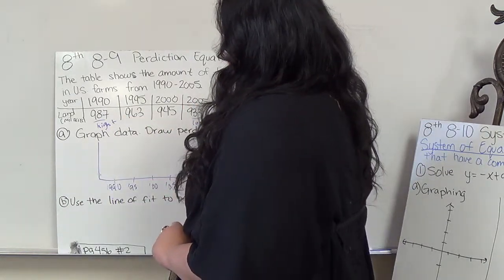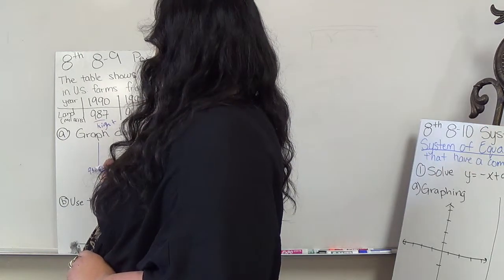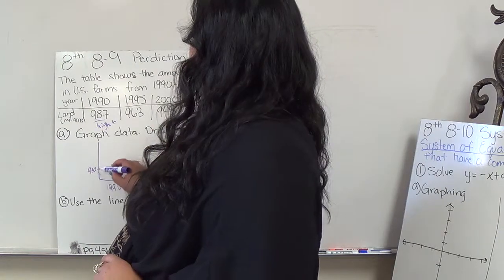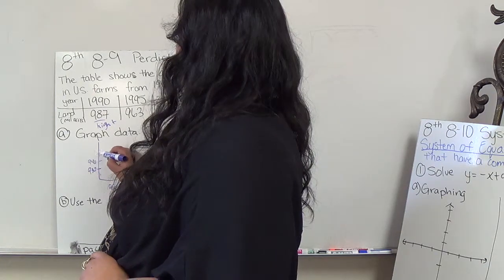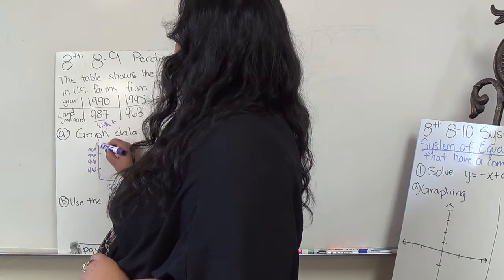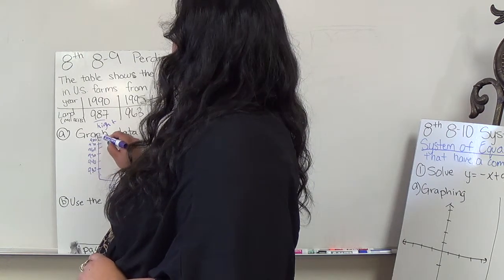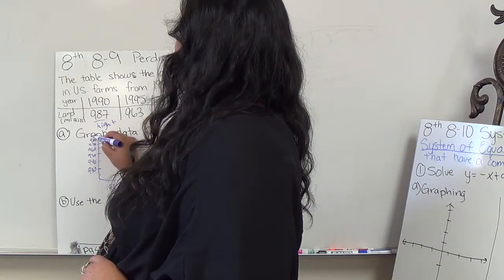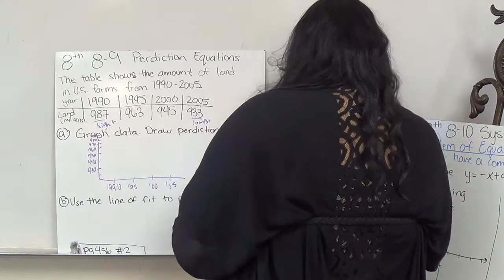I'm going to start with 930, and I'll go by 10. So 940, 950, 960, 970, 980, and then 990. I know that's a tough call, but that's what I'm going to go by.